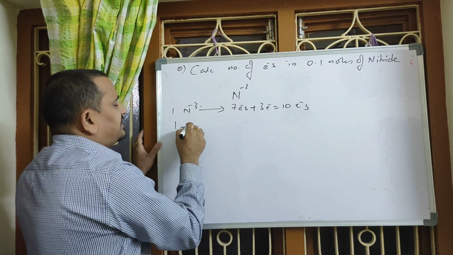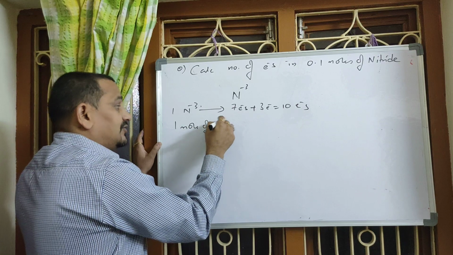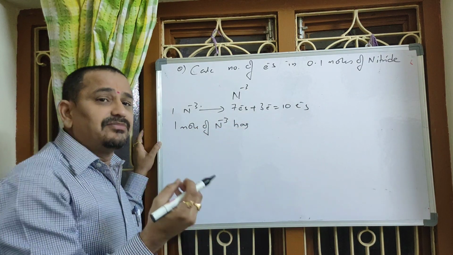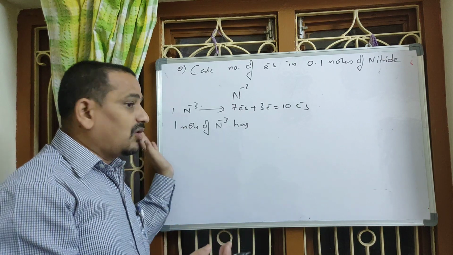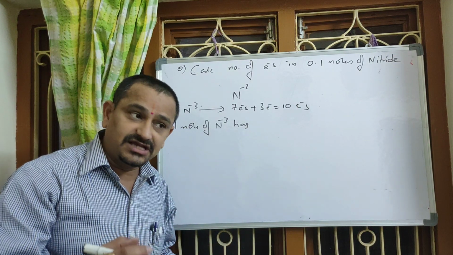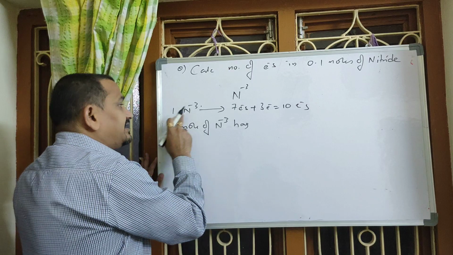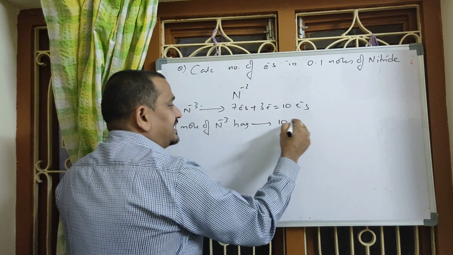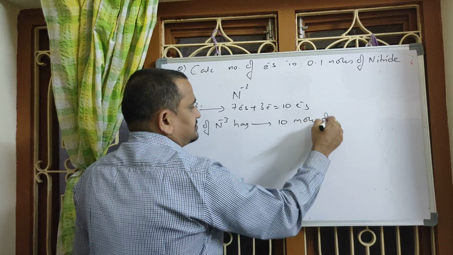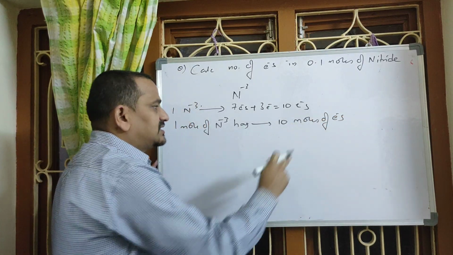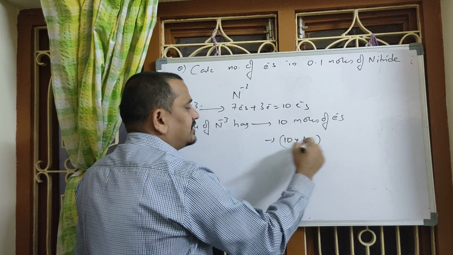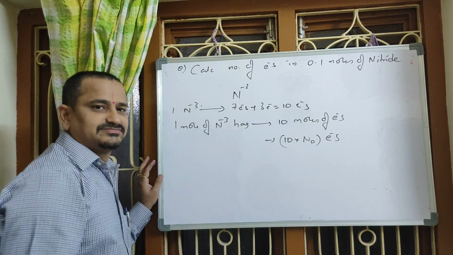1 mole of nitride has, don't neglect that relation, 1 mole. Whenever we are expressing something in terms of moles, all its entities must be expressed in terms of moles. When one nitride has 10 electrons, 1 mole of nitride has 10 moles of electrons. What is meant by mole? It is nothing but Avogadro number. 10 into Avogadro number of electrons.